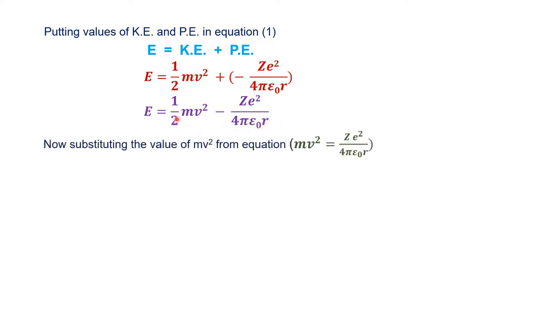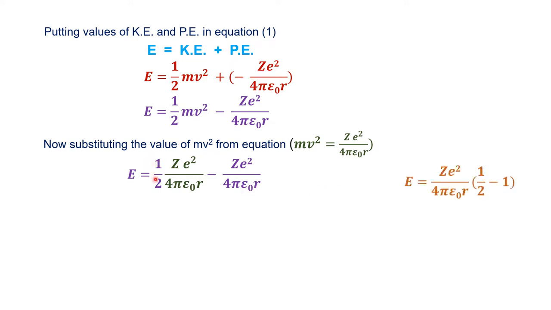Now substituting the value of mv square, that is equal to Ze square divided by 4 pi epsilon naught r, in the above equation, we will get half Ze square divided by 4 pi epsilon naught r minus Ze square divided by 4 pi epsilon naught r.